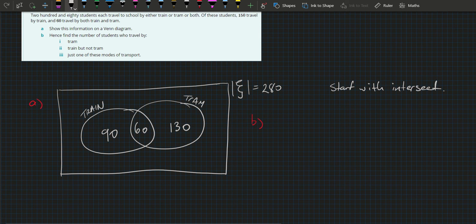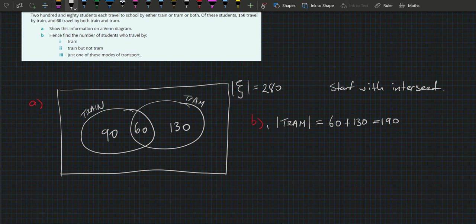B, how many students travel by tram? Well, I probably didn't even need to do the Venn diagram for that, but anyhow, we have done it. Okay, so the size of tram, should say A and B, but anyhow, equals 60 plus 130 equals 190.